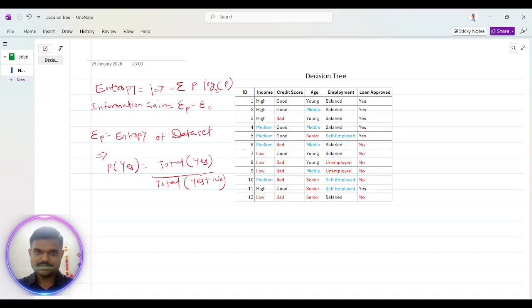So 6 divided by 12, it is 0.5. Okay, it is the probability of yes.